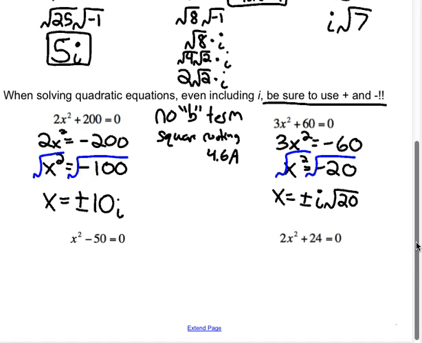And now recognize that that 20 is actually 4 and 5. So really what my solution is, square root of 4 gives me a nice 2 that I can pull out. So I get 2 plus or minus 2i square roots of 5.